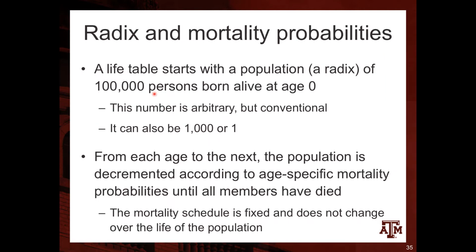So we group them in these 5-year age groups so we have more reliable information. Whenever we are estimating life expectancies using life tables, we start with a population of people who will be born alive at age 0. A standard that we can apply is to always use 100,000 people born at age 0, and then we apply the age-specific mortality rates to these people.